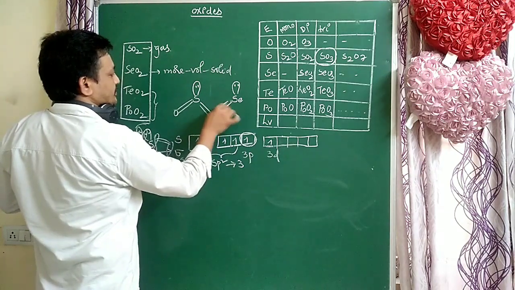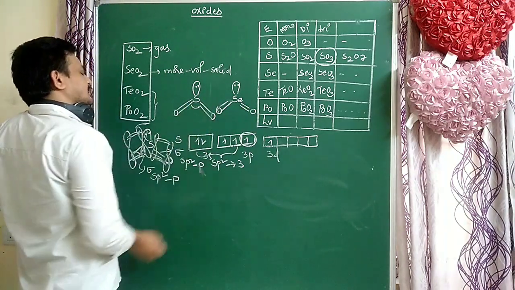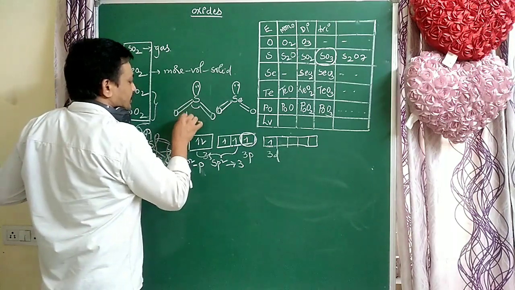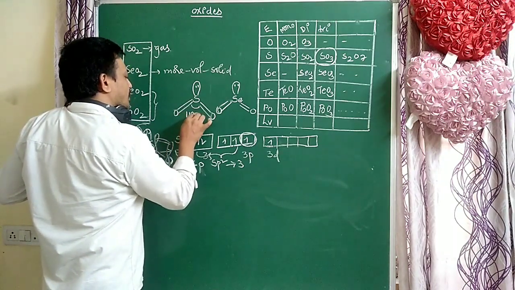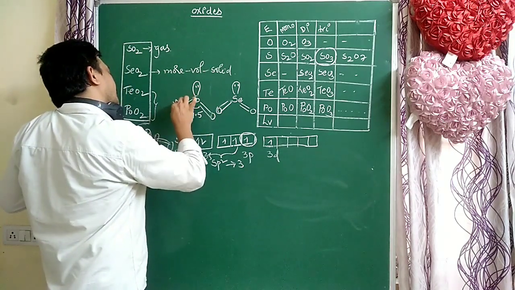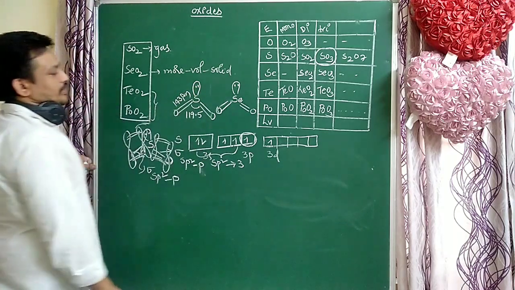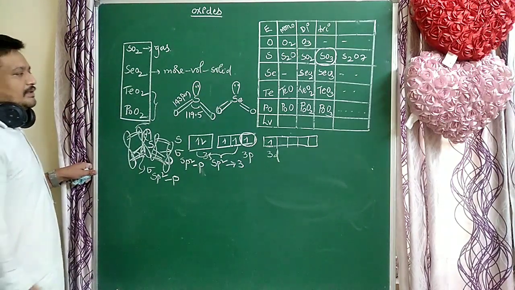With 2 pi bonds, the bond angle is approximately 119.5 degrees. Bond length is approximately 143 picometers. That bond angle is very important.